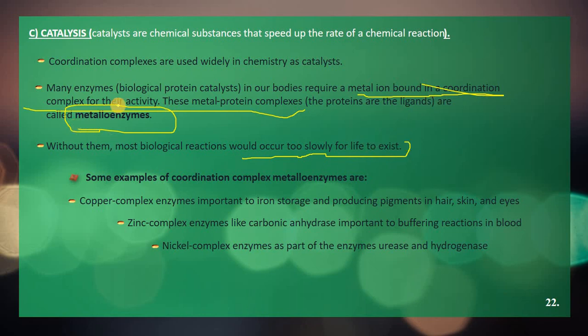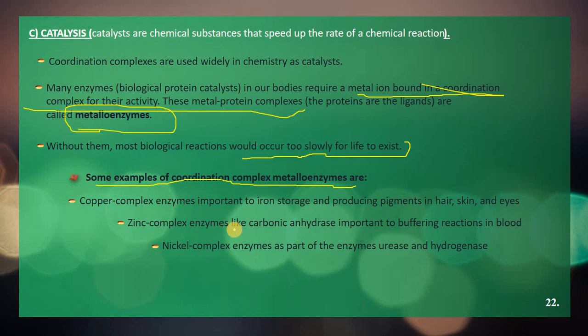So it's these coordination complexes that help in activities. Those are the cogent roles coordination compounds play. I now went further by showing some examples of coordination complex metalloenzymes. Copper complex enzymes are important to iron storage and producing pigments in hair, skin, and eyes.